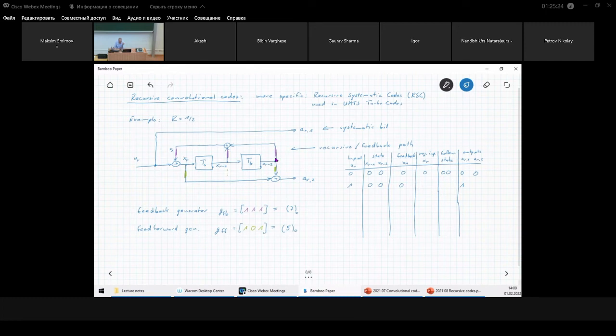And again, straightforward, following state: the x(r) will move here, the x(r minus 1) will move here. So the following state is 1, 0.